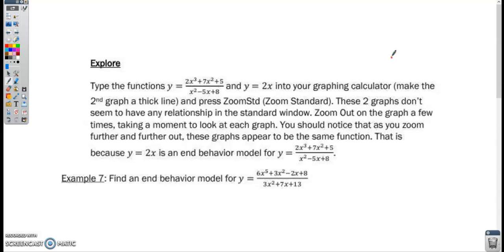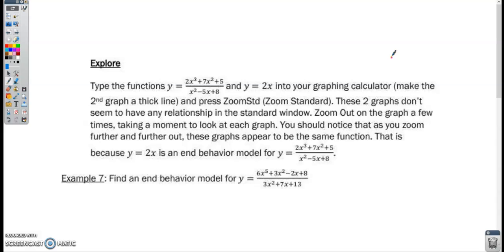So, how do we find an end behavior model? Well, in reality, as x goes to infinity, if you think about how we found limits approaching infinity algebraically, it gives you kind of a clue as far as how you're going to find an end behavior model. When we were finding those limits as x goes to infinity, we divided by the biggest power that appeared in the fraction, and everything that became something with an x in the denominator approached 0.